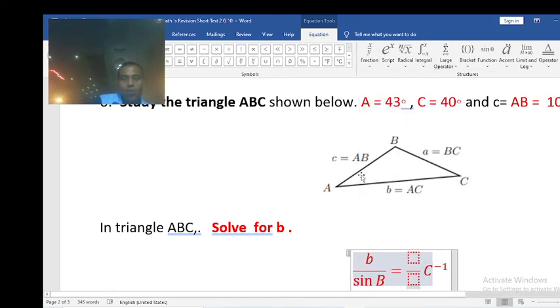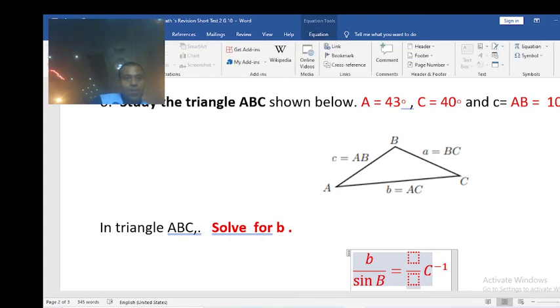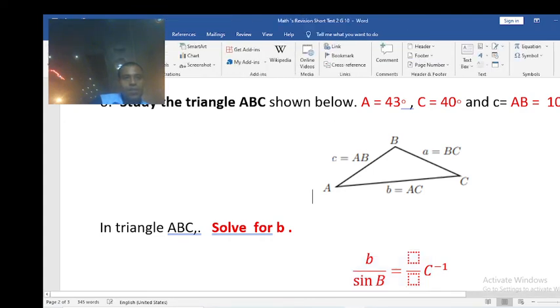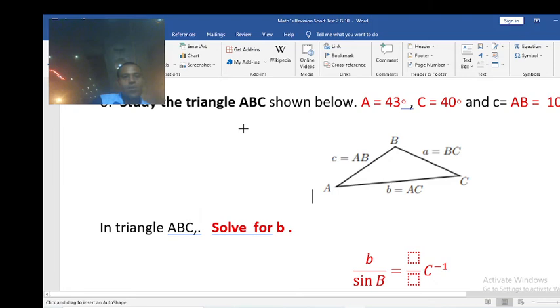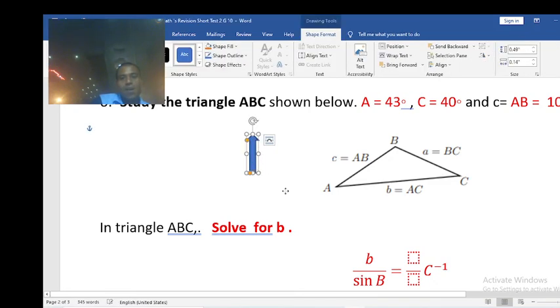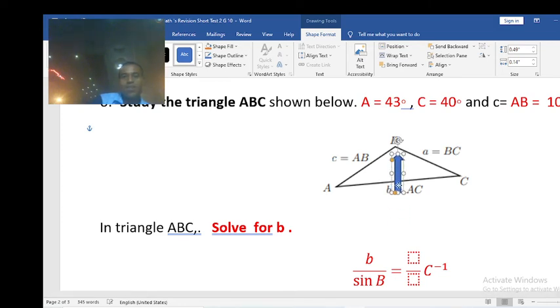I will use arrows first to explain something for you. Look, I made B divided by sine B, the opposite side to the angle is B.